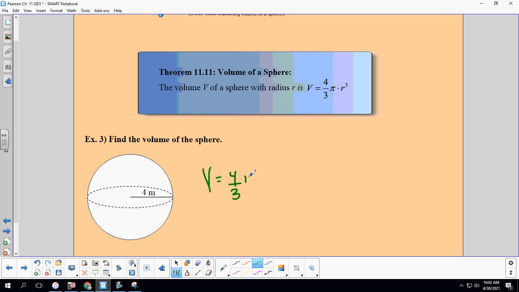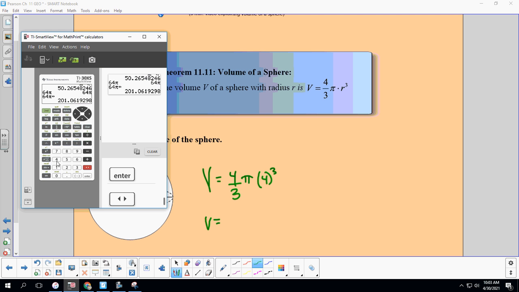We have a radius of 4, and I'm just going to put all this in my calculator. I'll show you. 4/3 pi 4. And then I need a cubed. So my cube is this little, it's called a caret. I also sometimes will call it a hat.